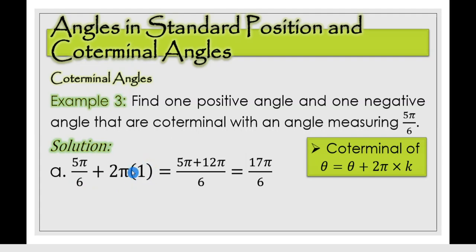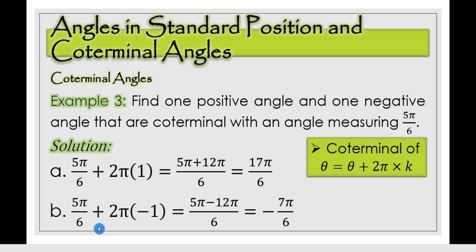Bakit yung k natin ay times 1? Kasi, positive angle at yung first angle lang na positive ang hanapin natin. Kaya times 1. Kapag naman negative angle, negative 1 yung kailangan nating k kasi negative rotation. Kapag positive rotation, positive din dapat yung k natin.